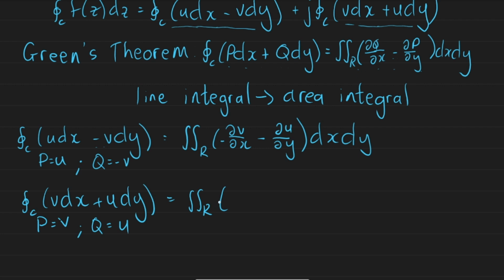So we have dq/dx minus dp/dy. Sorry, this should be a u here. So dq/dx, and q is equal to u, so we have du/dx, and then dp/dy, and p is equal to v, so we have dv/dy.